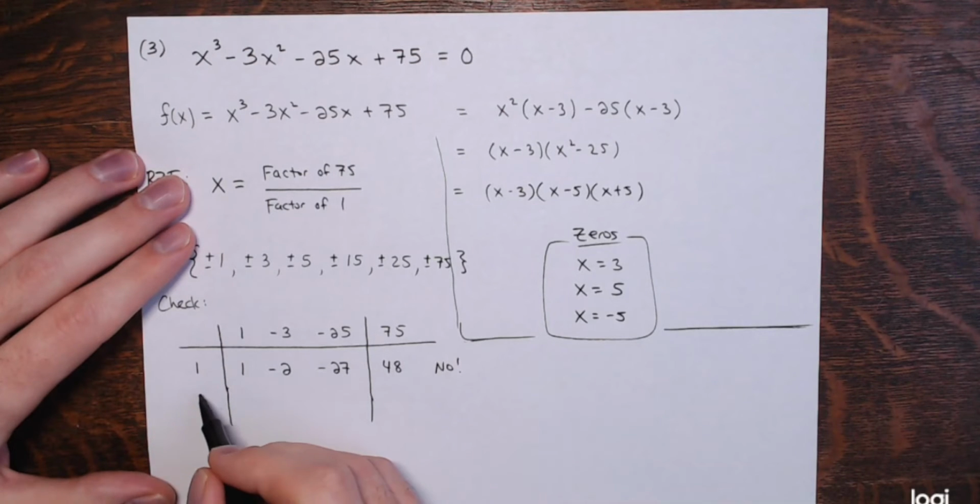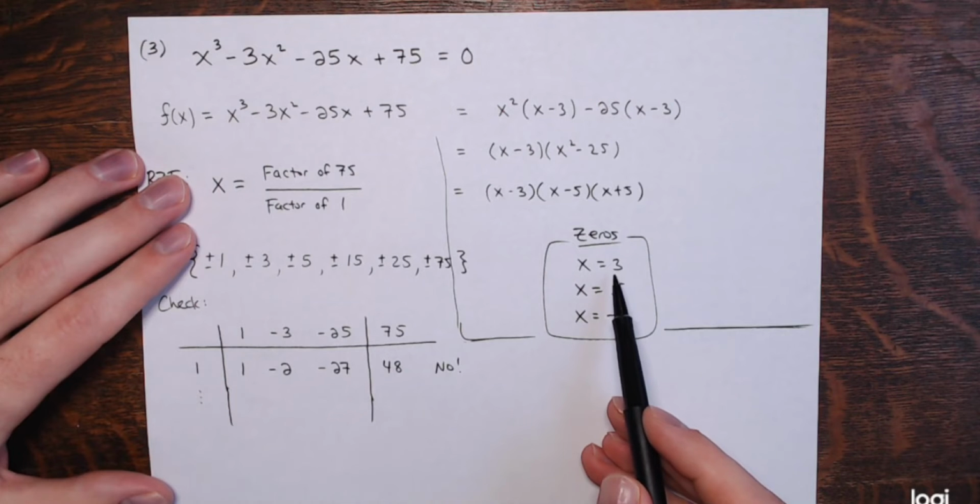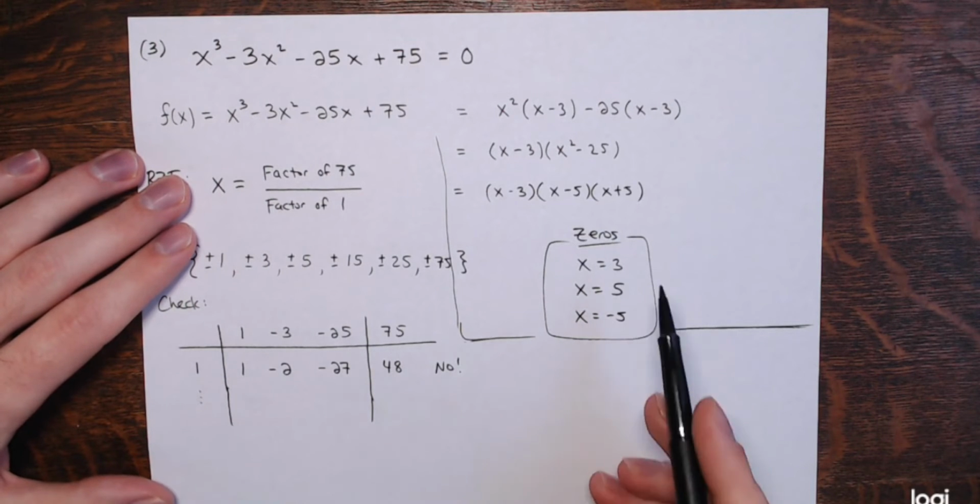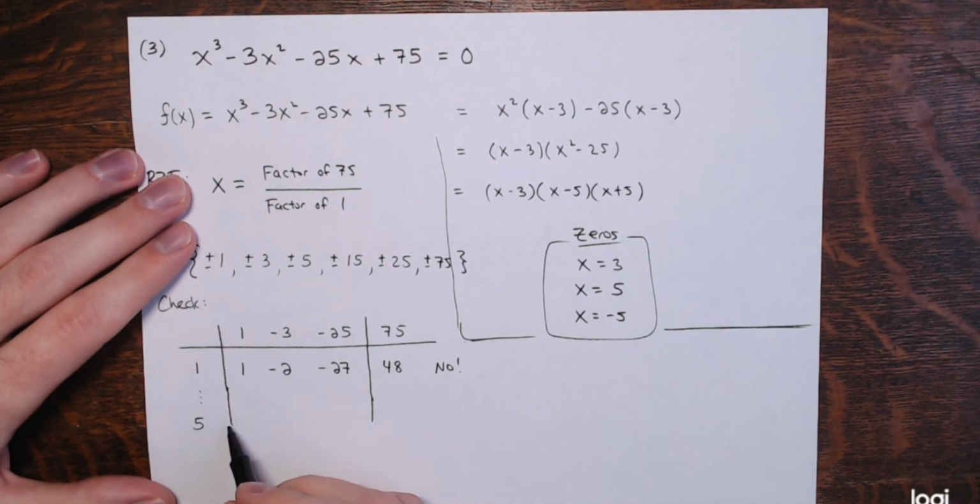And you could plug in some other stuff if you wish. At this time I would probably get to 3 before I got to 5, but let's see what happens when I plug in 5, just to get some different factoring. So I drop the 1, then 5 minus 3 is 2. 10 minus 25 is negative 15, and then 5 times negative 15 is negative 75 plus 75 is 0.